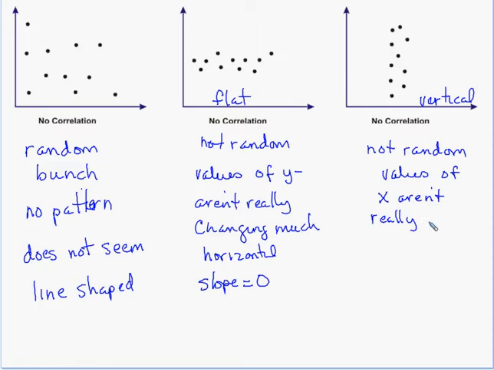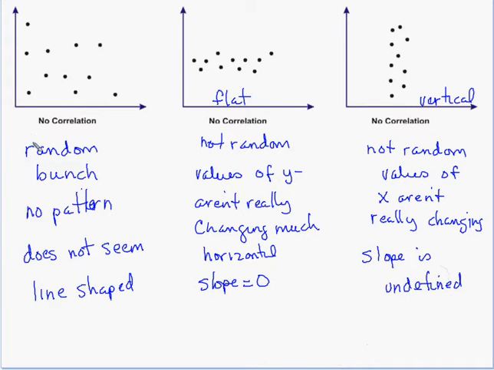And so if my x's aren't really changing, my x is always in the 1 to 2 range somewhere in there, it doesn't matter what the y is. If the x is not changing, then we don't have a relationship. X is just what it is. If it's flat or if it's vertical, it's not a correlation.